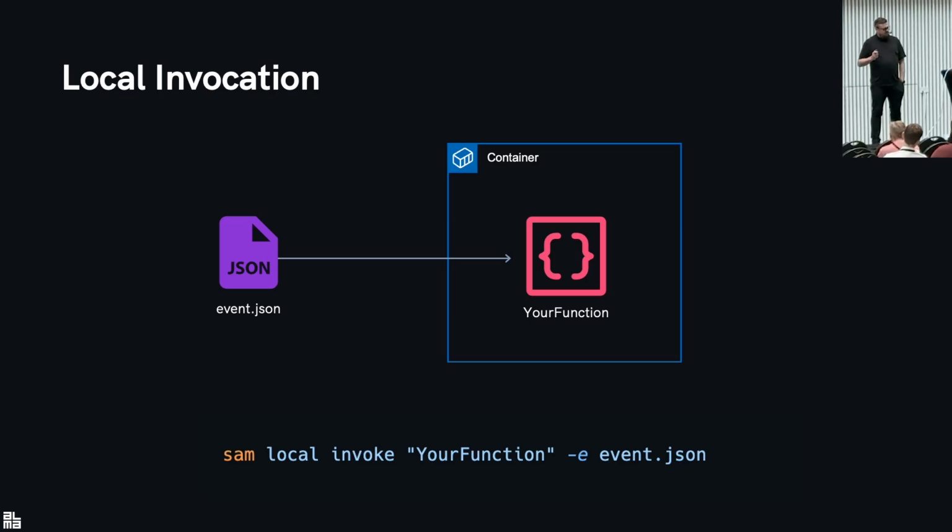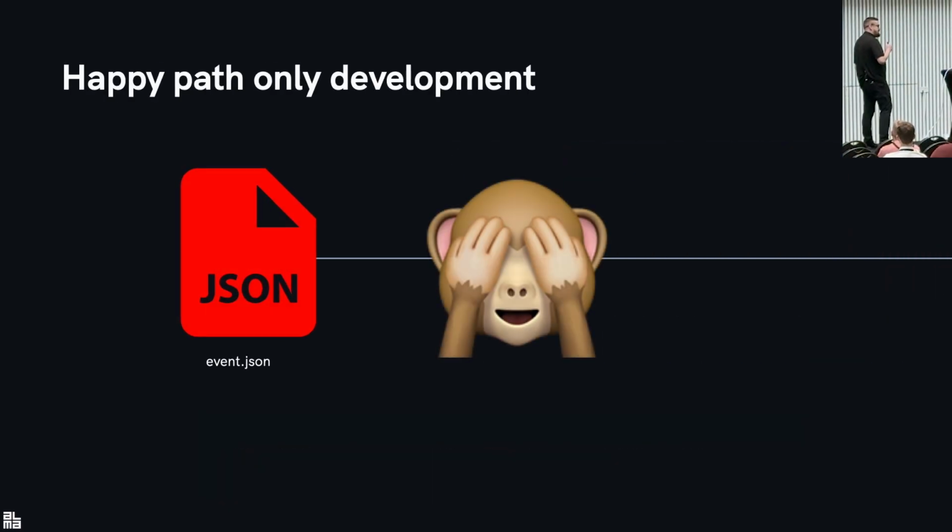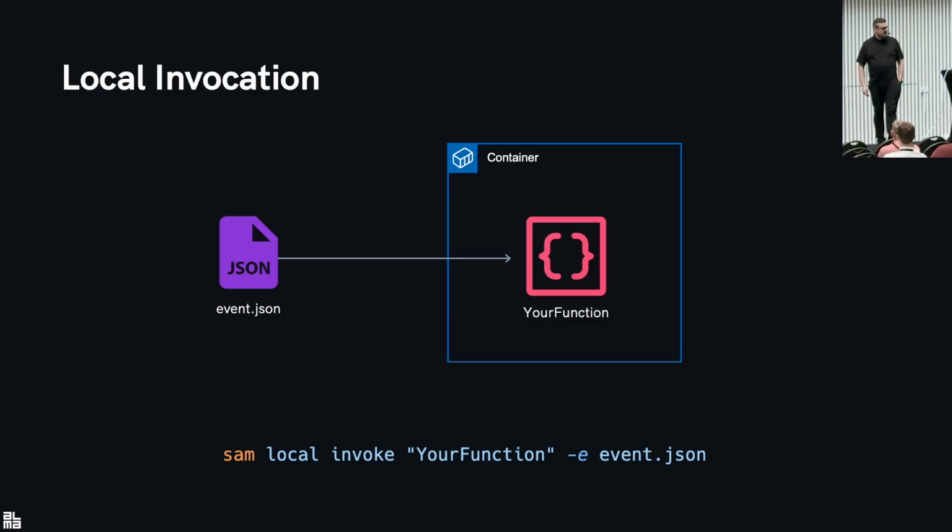But this approach often leads to what I call happy path only development. Because if we jump back one time more, you see you usually have this event.json that somehow describes the payload that will be sent to your Lambda function, and then you just throw that JSON back and forth to your Lambda function code that is now running in a local emulated environment.